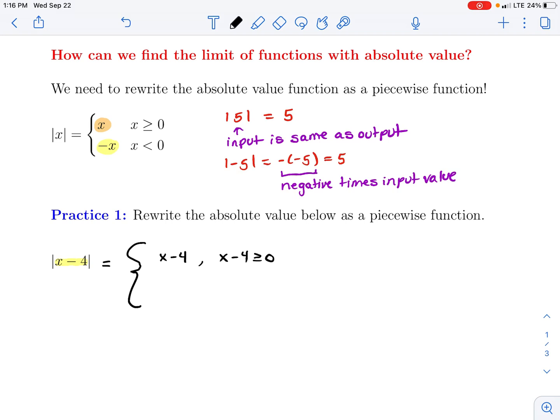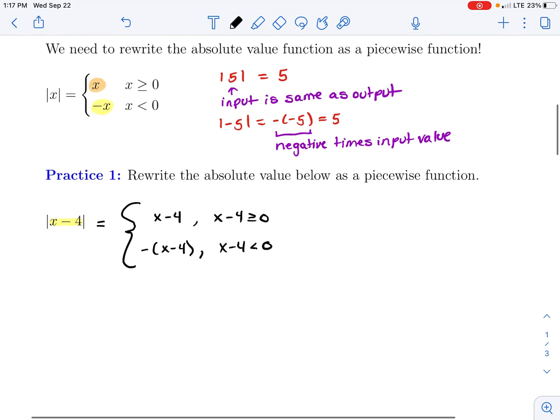But what happens here is that for this part, I have negative of x minus 4 when x minus 4 is less than 0. Right, so basically I'm saying whenever my input, which is in this case x minus 4, is less than 0, it's negative, I'm going to have a negative times whatever my input was.